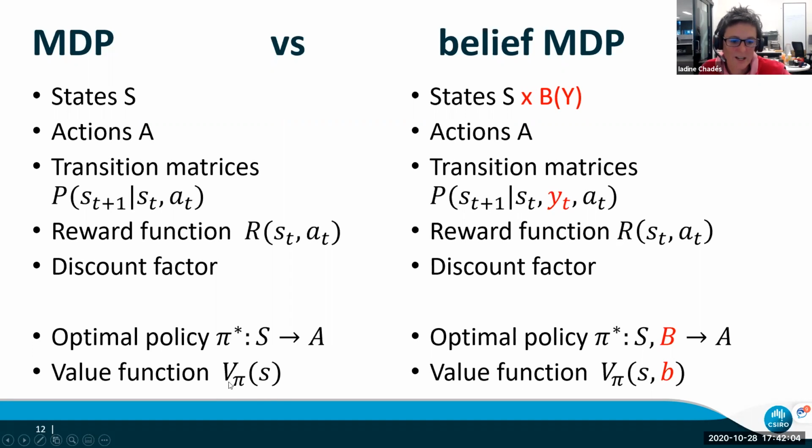A value function evaluates the performance of a policy. So if our objective is to maximize, let me give you some intuition. If the objective is to maximize a profit, you want a policy that will give you the highest number of dollars, right? And because it's stochastic, it's going to be an expectation.